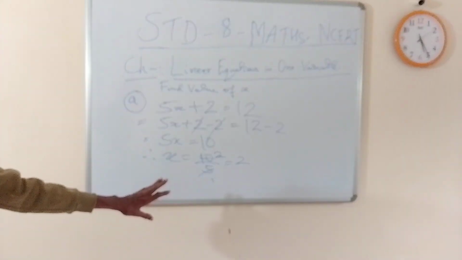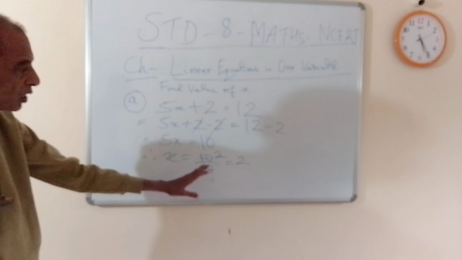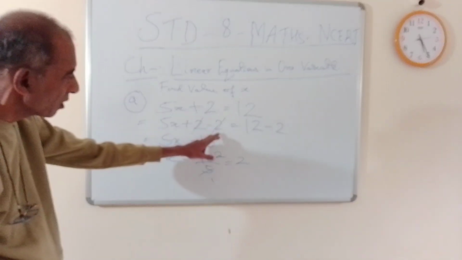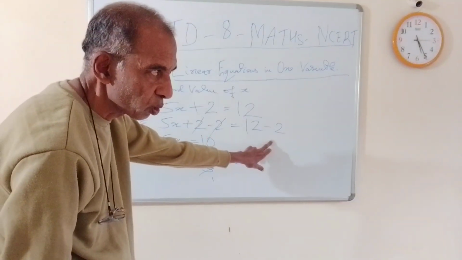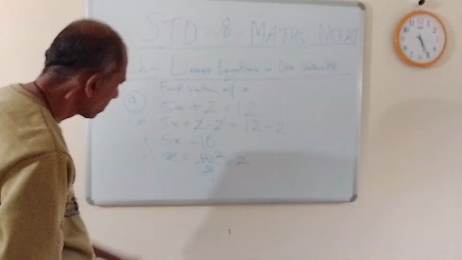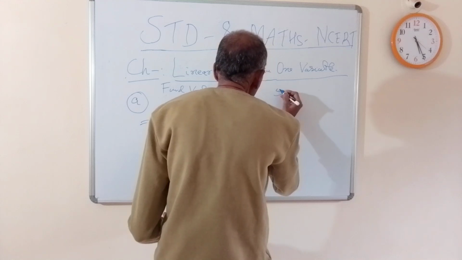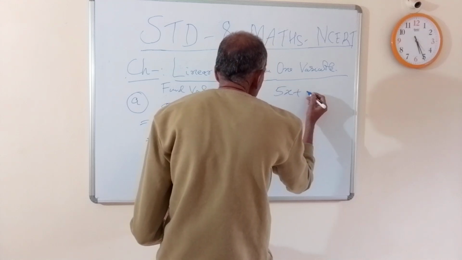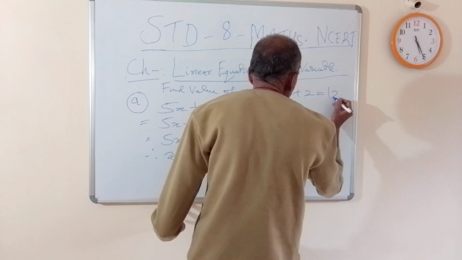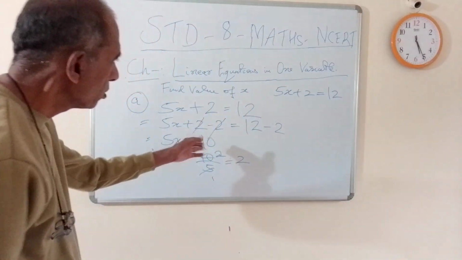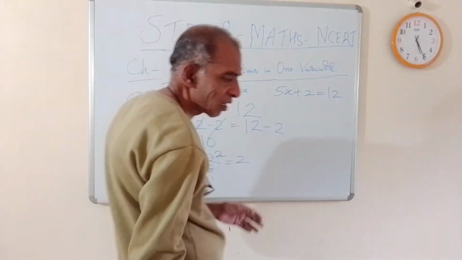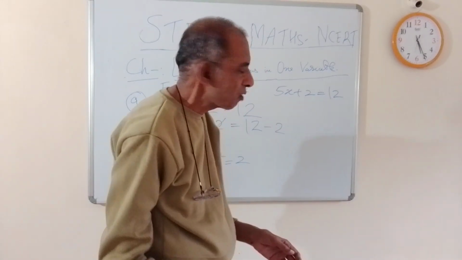This is how simple it is. The same thing we can do without writing this minus 2 and minus 2 also. How? I'll show you that here. Now again we are taking the same, 5x plus 2 is equal to 12. Now the same thing we are doing in a slightly different way, not much different.